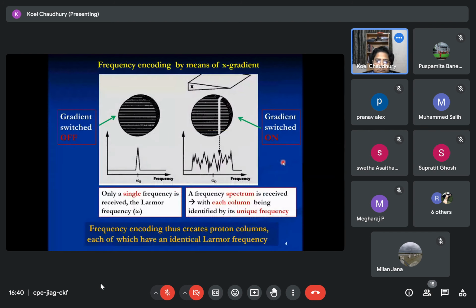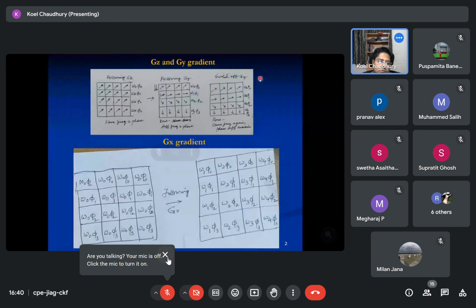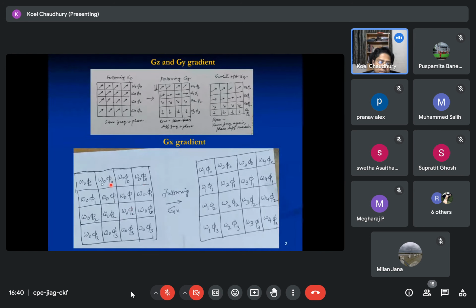Now, you may ask why we do a GX gradient. Why didn't we stop at the GY gradient? What do you find here? What is the frequency here, post GY?